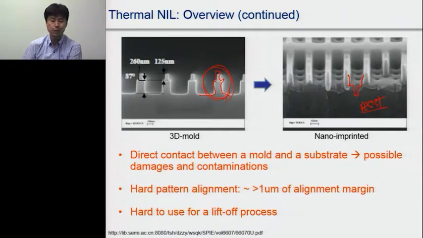But as you may expect, every time we want to do pattern transfer, this master mold must directly contact the resist material.